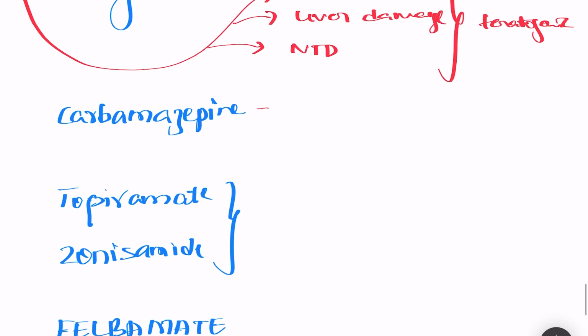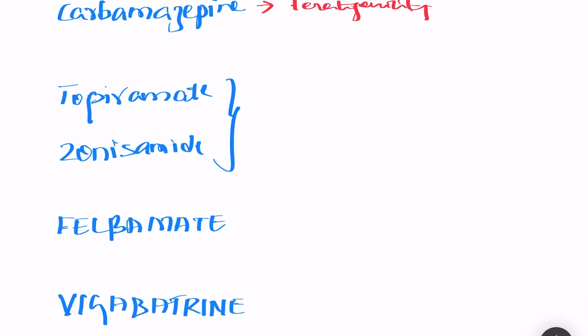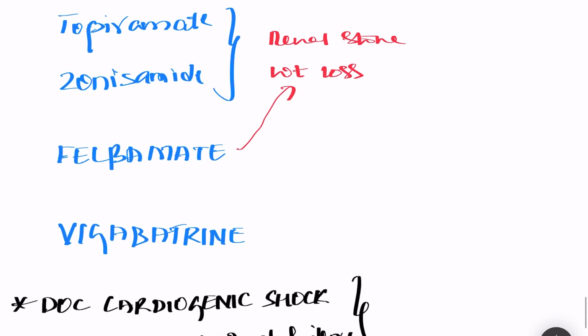Even the carbamazepine can lead to teratogenicity, etc. So what about the topiramate? Topiramate will also cause renal stones, as well as it causes weight loss. Even the felbamate can cause renal stones and weight loss.